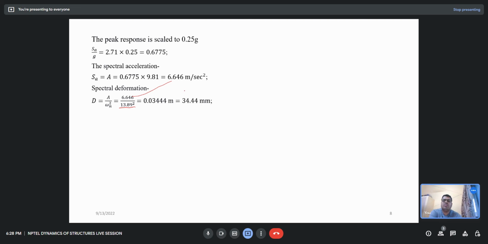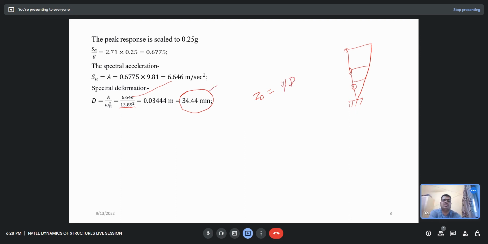So what we get as the spectral deformation is 34.44 mm. Now the peak deformation, that is the maximum deformation. First we calculate d, so the peak deformation comes out to be z naught multiplied with the shape function into d.